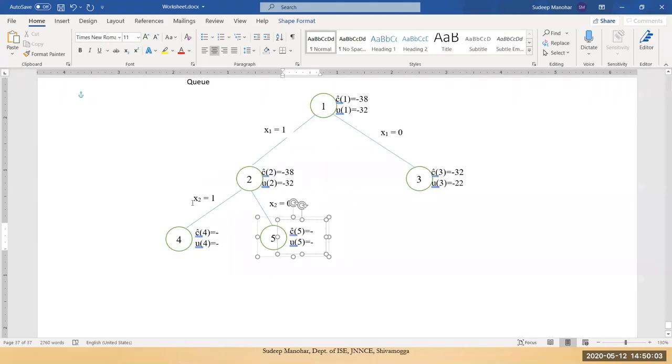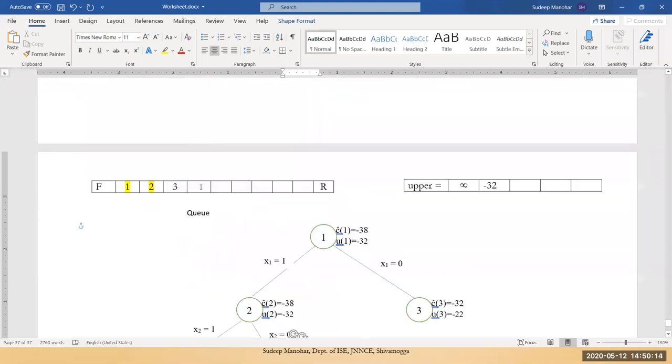So node number 4 tells you to consider both item number 1 and 2. When you consider both item number 1 and 2, you get the same as the previous one.